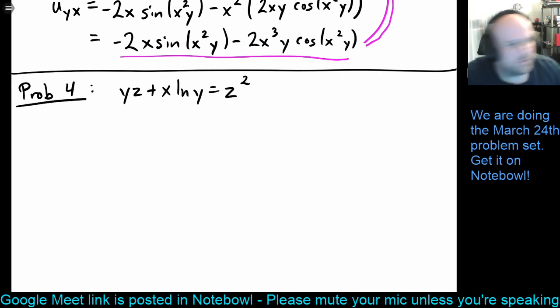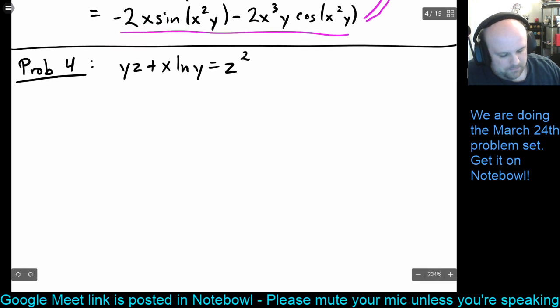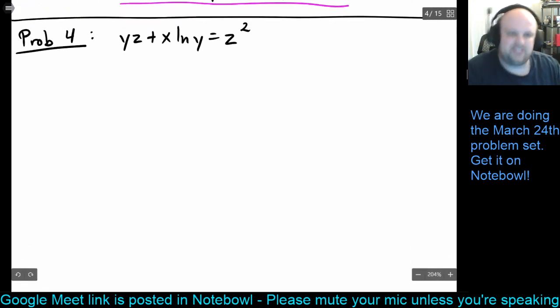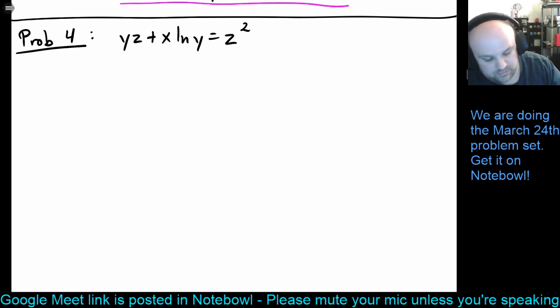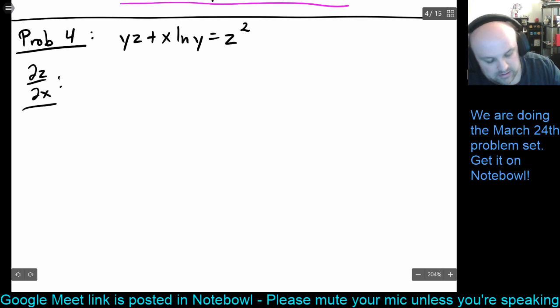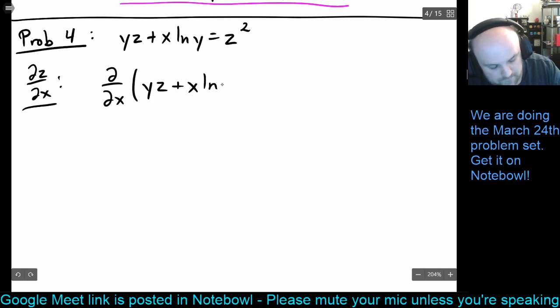All right. So, to do this, we're just going to basically do what we would do for implicit differentiation in the ones we did in previous semesters or previous classes, right? So let's say here I want to start by finding dz dx. Well, then what we're going to do is just take d dx of the entire equation. Right?